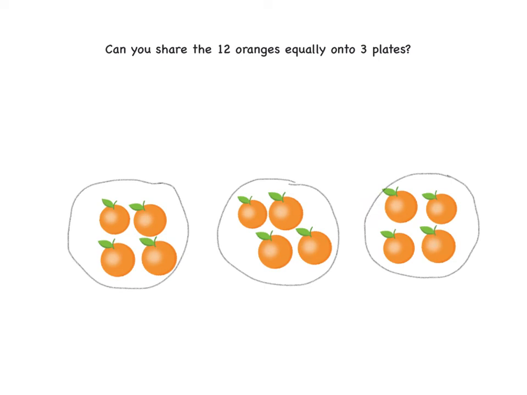Did you work it out? Did you work out that you'd have 4 oranges on each plate? So that means if we share 12 equally between 3 plates, we have 4 on each plate.